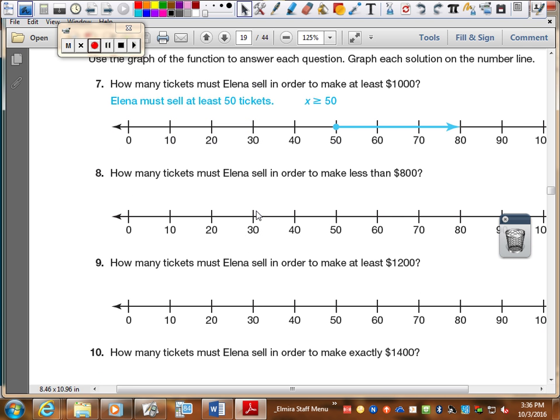Okay, less than $800. So less than would mean an open circle. Okay, X is going to be less than 30 tickets. And if it's less than, we're going this way.